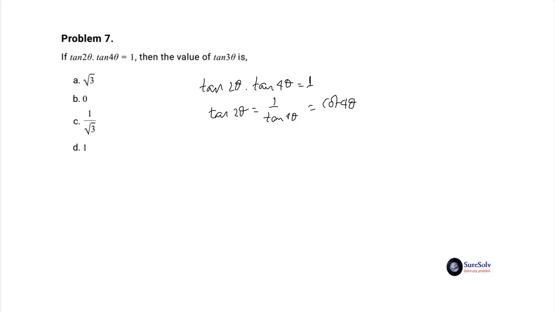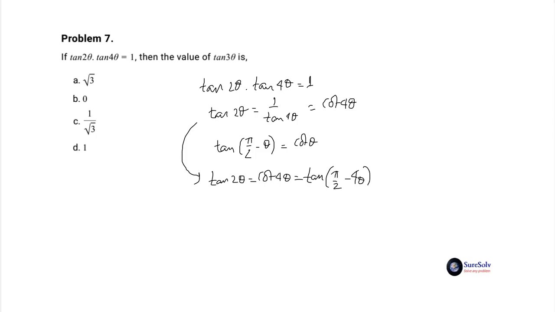From complementary angle trigonometric function relations you have tan pi by 2 minus theta equal to cot theta and vice versa, where theta is an acute angle. So tan 2 theta equal to cot 4 theta equal to tan pi by 2 minus 4 theta. Or 2 theta equal to pi by 2 minus 4 theta.